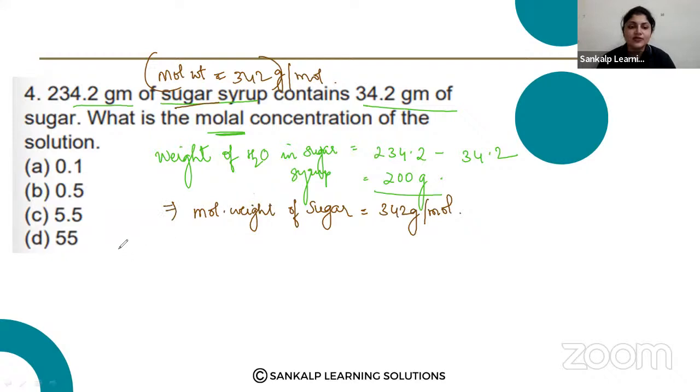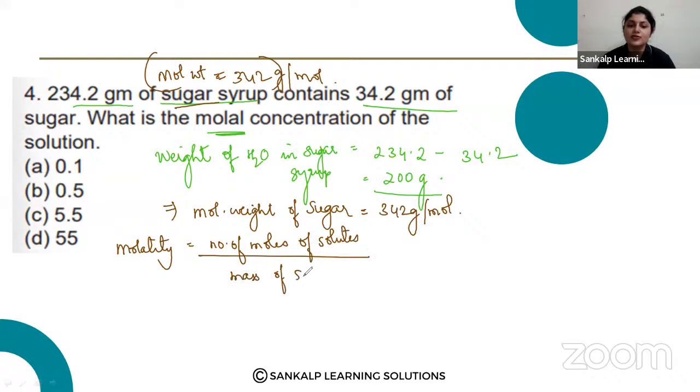Next is what? Molality. Now molality, how do you calculate molality? Molality is number of moles of solute by mass of the solvent in kg. So this is the formula. Now you have to substitute.